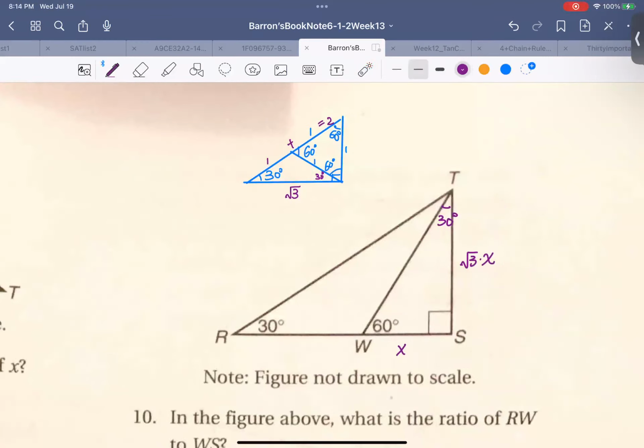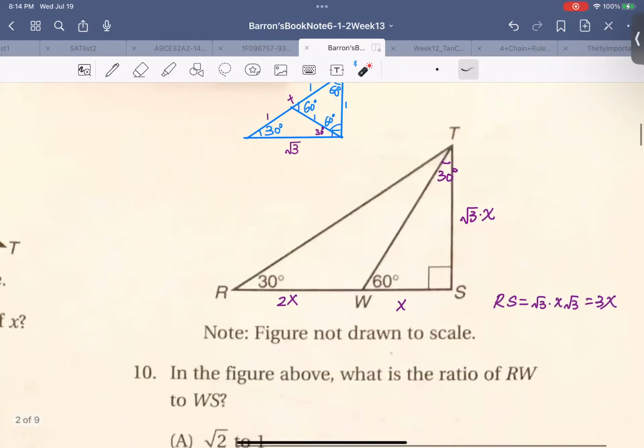So it would be 3x. So RS is square root of 3x times square root of 3, which is 3x. So RW to WS: the total is 3x, this is 2x, this is x. So this is 2 to 1.